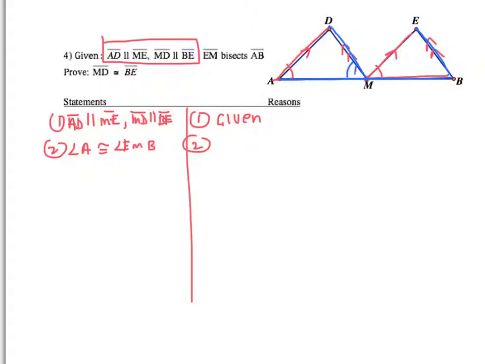Gives you another pair of corresponding angles that are congruent. Angle B congruent to angle DMA. And the reason is if two parallel lines are cut by a transversal, then corresponding angles are congruent.